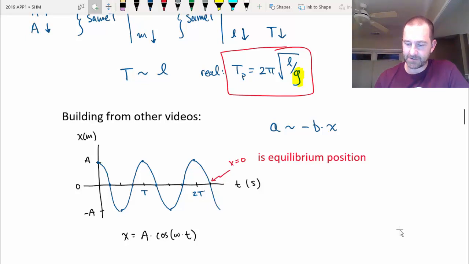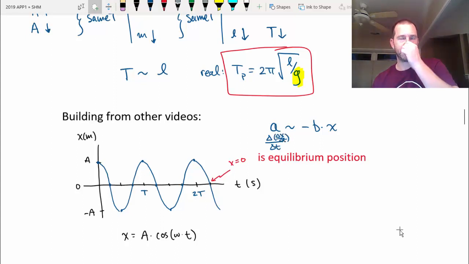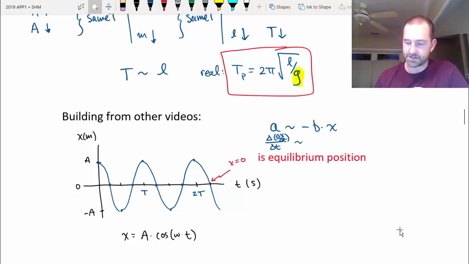So it's the rate of change with respect to time of the rate of change with respect to time of position is essentially some negative version of itself. So you take the rate of change of something twice and you get a negative version of it.